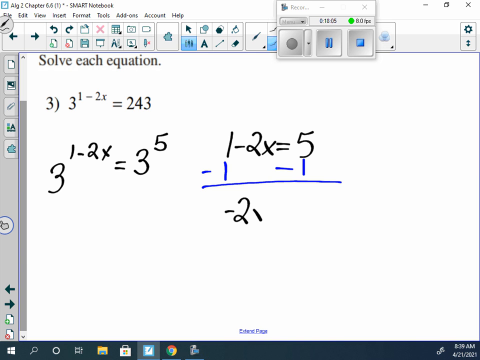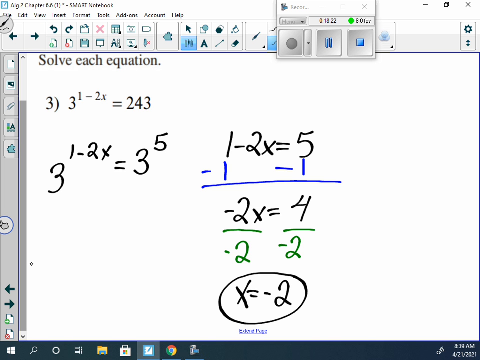And we get that negative 2x is equal to 4, we can divide both sides by negative 2, which tells us x is equal to negative 2. Any questions on any of this here?